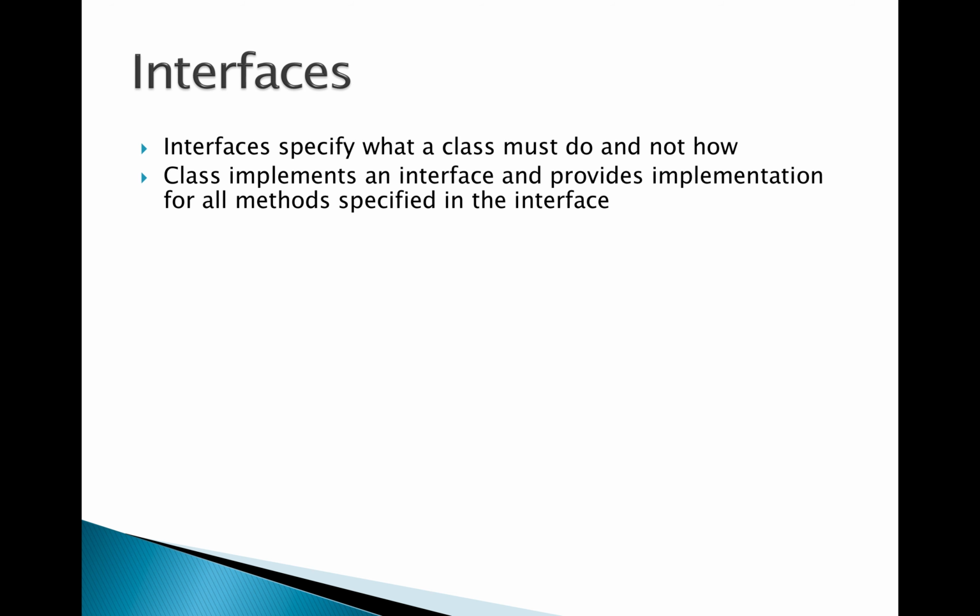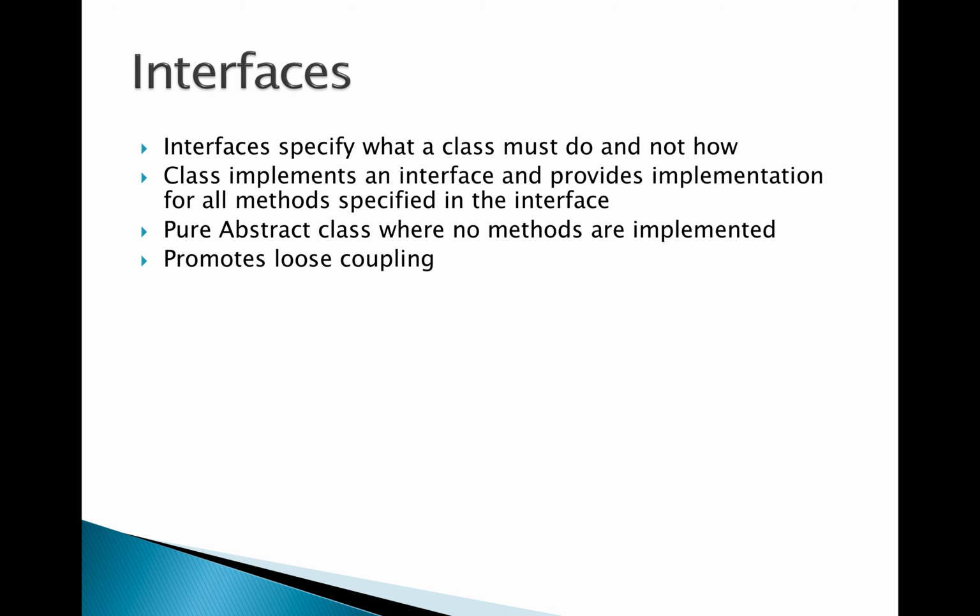They can override the other 5, but it is not mandatory. Only the 5 have to be implemented in the abstract classes. But in an interface, all the methods are abstract. That means you have to implement all the methods there. There are no implemented methods in interfaces. So an interface can be considered a pure abstract class where no methods are implemented.